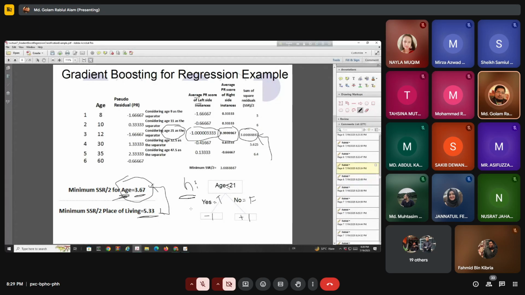So this is our age node. Okay, we can expand this one again, and expand this one also again, because you can see age 21 splits our dataset into two subsets.